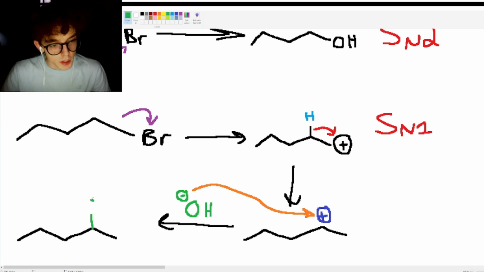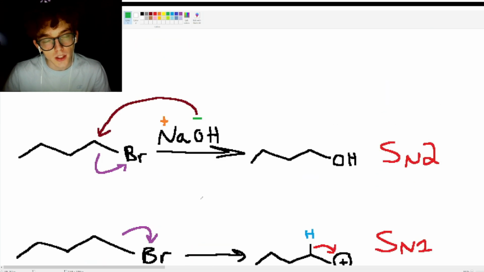Okay, and some notes about these SN reactions, substitution by nucleophilic attack. I want to point out for this first reaction we have here, you need a polar aprotic solvent, right? We don't want any competition from a protic solvent to possibly protonate our strong nucleophile or just interfere with the reaction. So we'll use something like acetone for this.